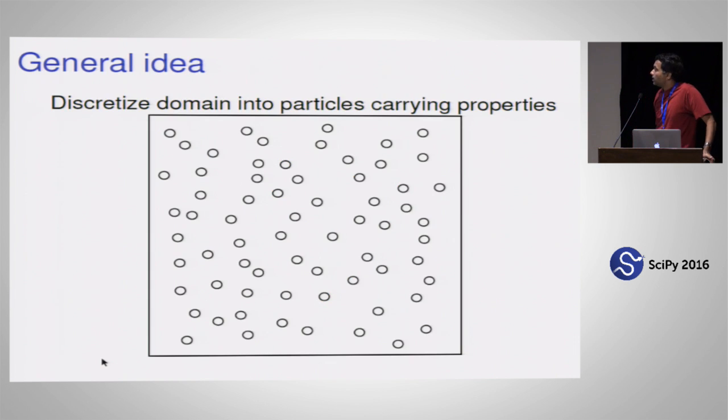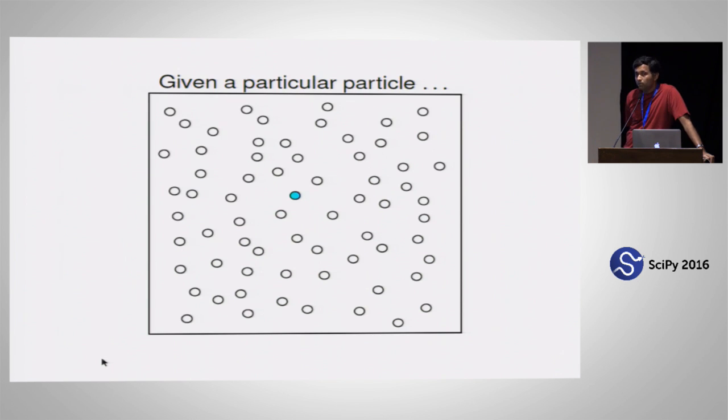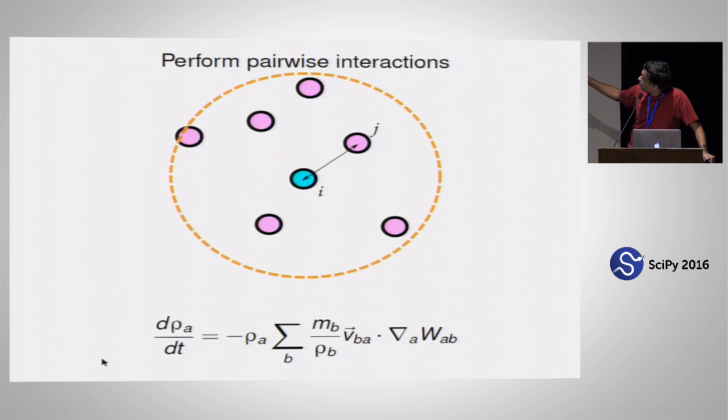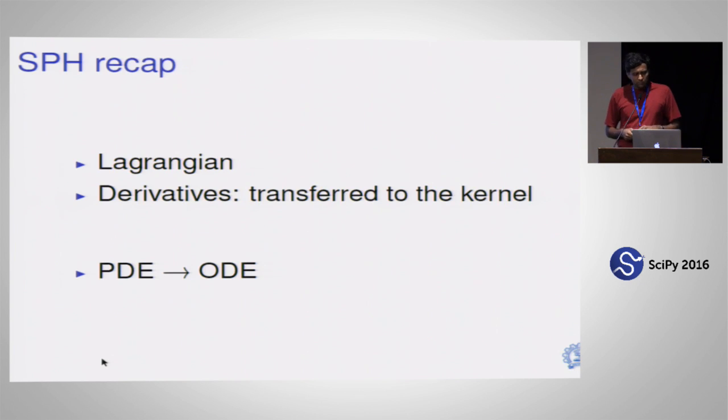So if you have a collection of particles that discretize a fluid field you're interested in, given a particular particle, you identify its neighbors, and then you find the interactions of a neighbor on this particular particle. That gives you the right-hand side of your ordinary differential equation. Then you can integrate the ODE with any standard technique. That's the big picture. It's Lagrangian, derivatives are transferred to the kernel, and you convert a PDE to an ODE.